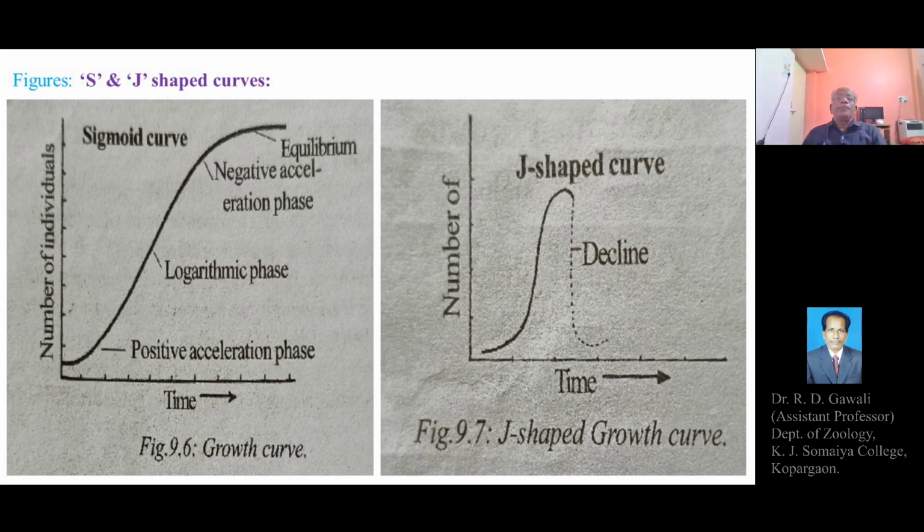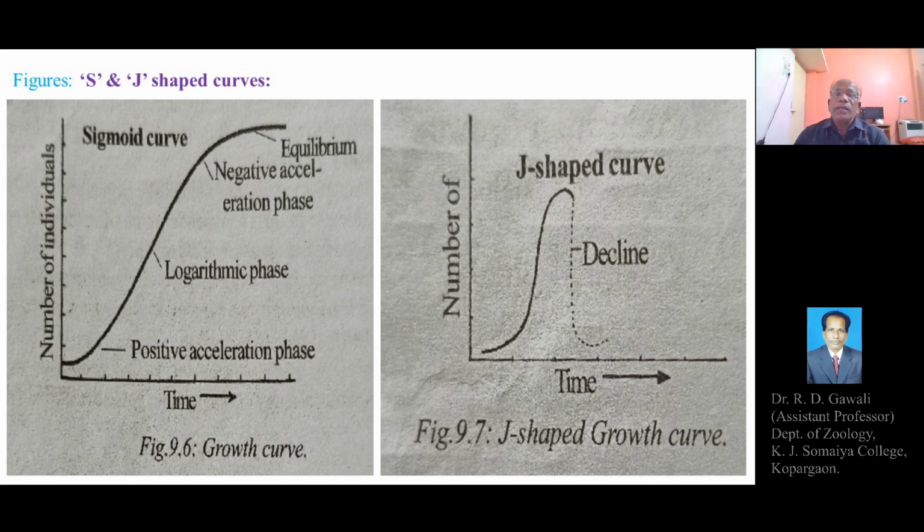After that, the number of individuals remains constant or stable, at the equilibrium level, indicating that there is no further increase or decrease in the number of individuals, called the equilibrium phase. Thus this type of curve appears sigmoid, representing the S-shaped growth curve.